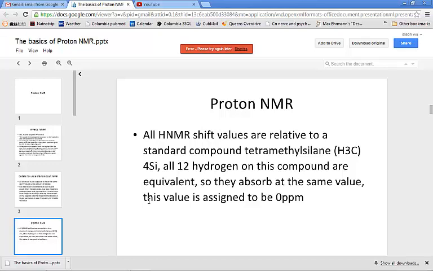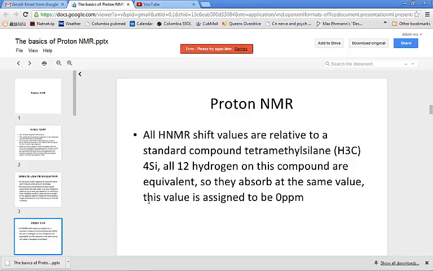This solution is made up largely of tetramethylsilane, which has a formula of Si(CH3)4, with Si being silicon. The reason we use this molecule is that if you were to draw it out, all of the protons of this molecule absorb at the same value.